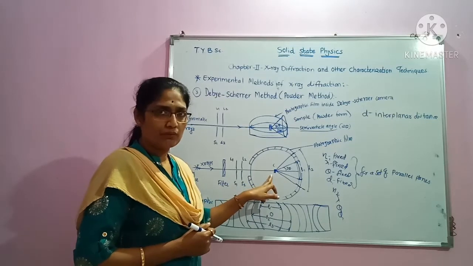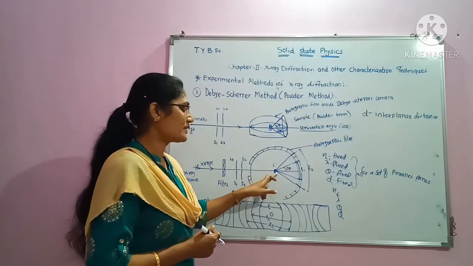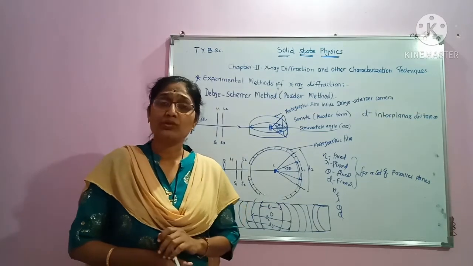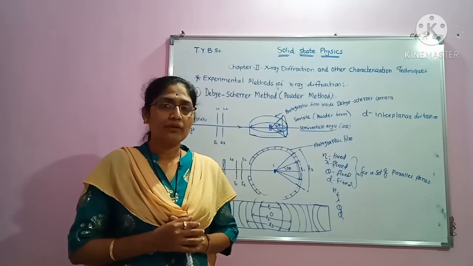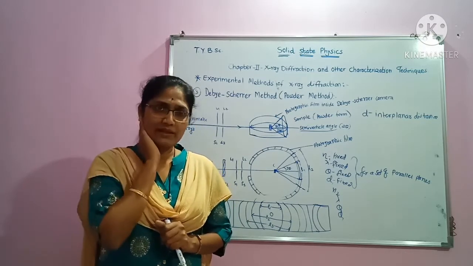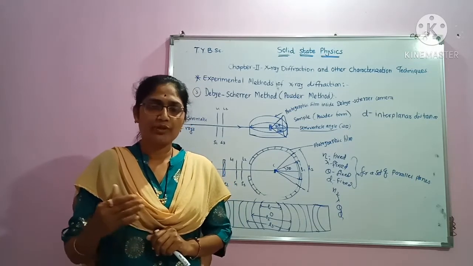with the powder. After the interaction of X-rays with the powder, we know that in the powder there are millions of atoms, and as they have crystalline nature, there is a regular periodic arrangement of atoms.